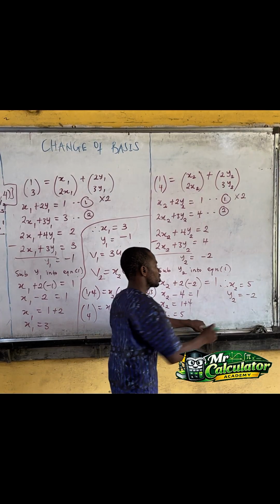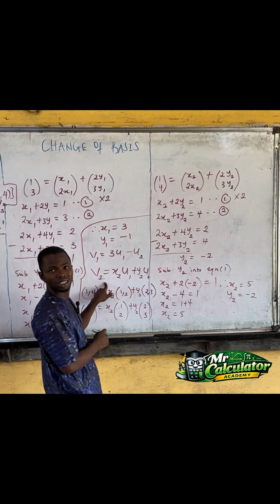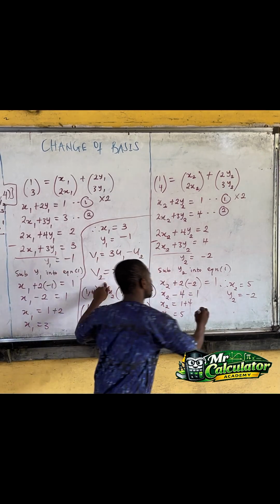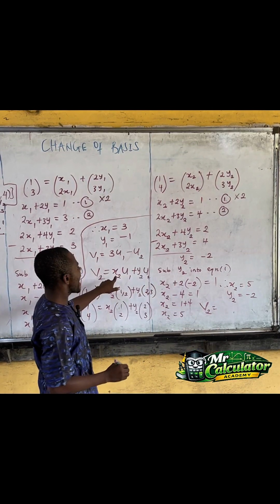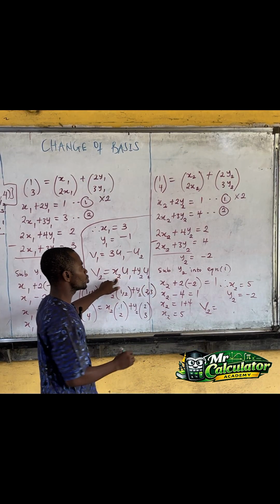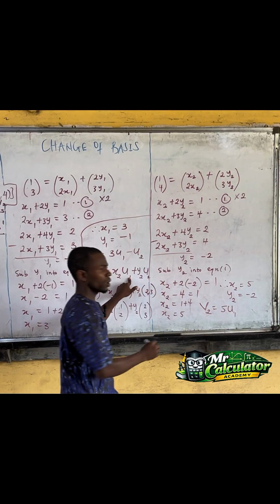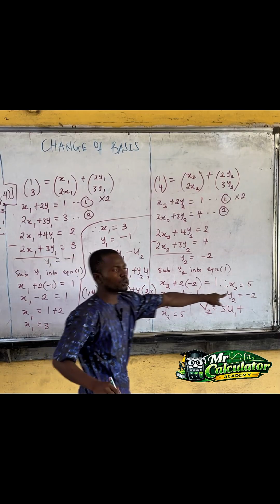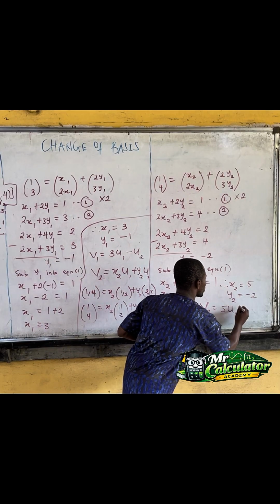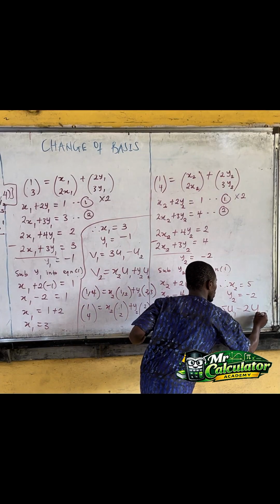But don't forget, it must be in form of linear combination, which is this. Which means v2, this is my final answer now, will now be x2. What is my x2? 5u1 plus, what is my y2? Minus 2. Because of the minus, it will become minus 2u2.